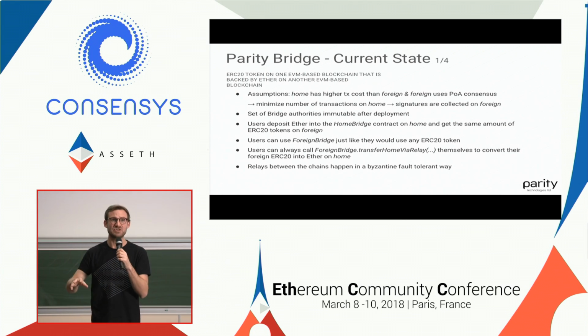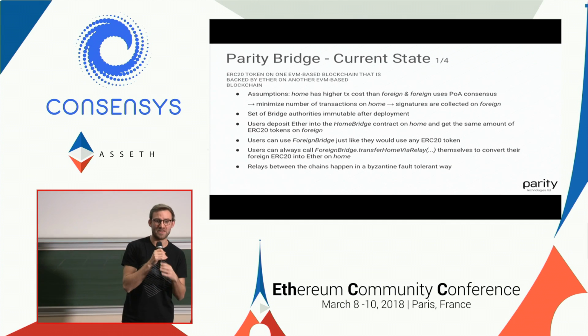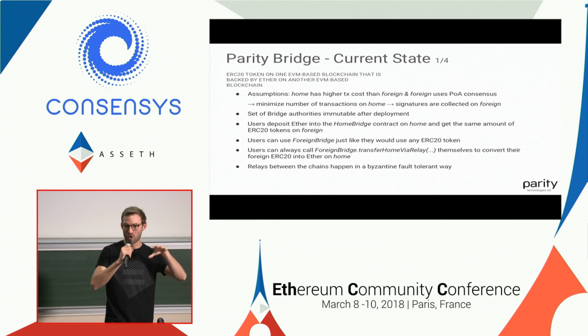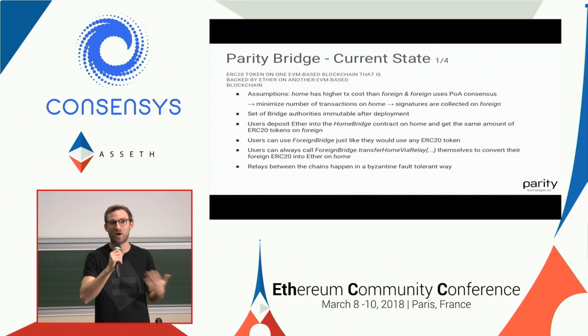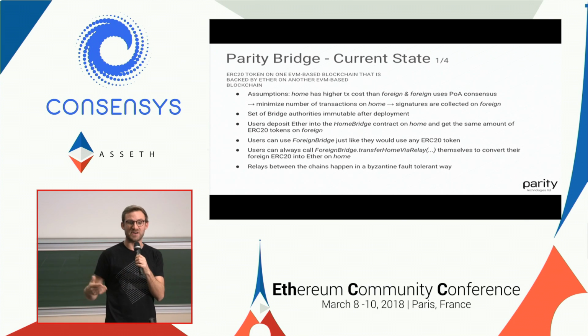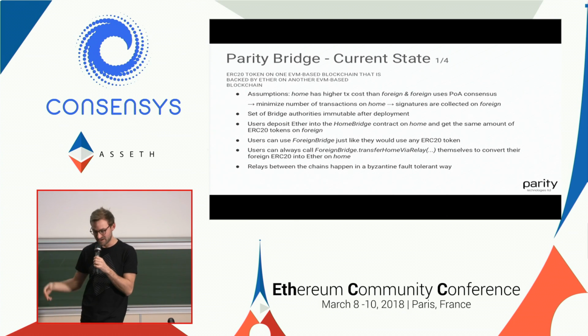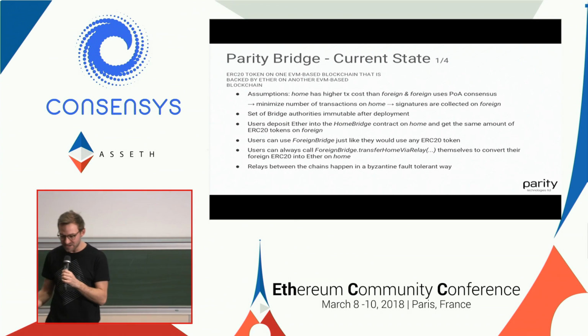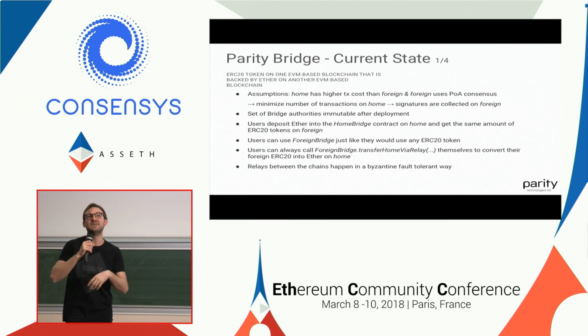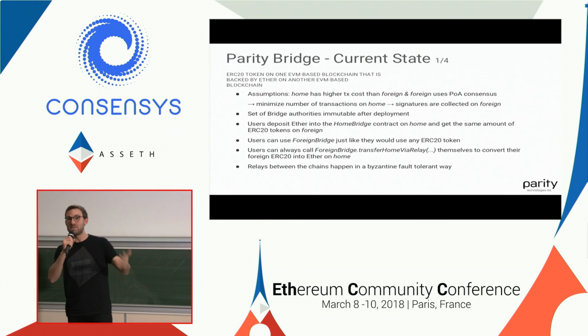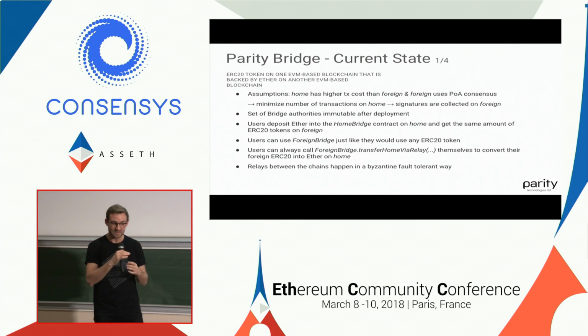So there are a few assumptions we take. Number one, the assumption is that the home chain, which would probably be the main network, has higher transaction costs than foreign, and foreign uses a POA consensus mechanism. For multiple reasons. One of them is obviously the authorities should be able to make free transactions.